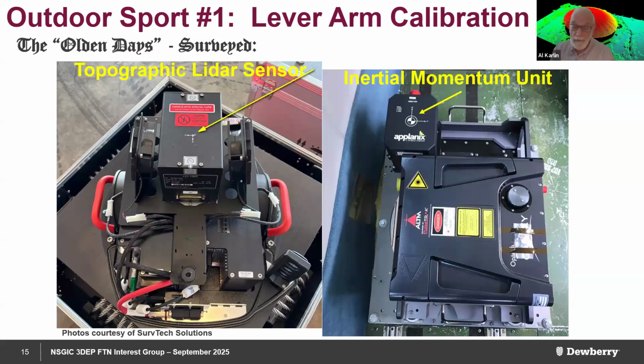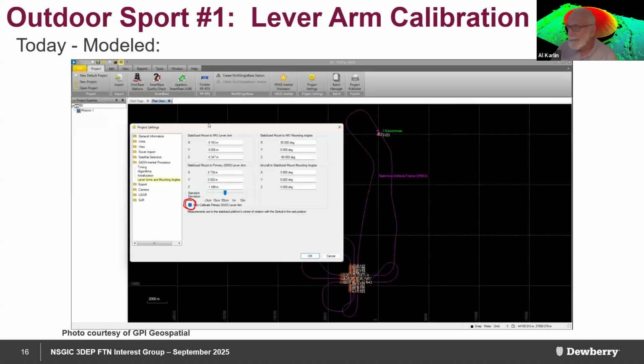So what one would do, and sometimes you do it as an indoor sport in the hangar, or sometimes out on the tarmac, is physically measure the offsets between the IMU, the sensor, and the phase center of the GPS. Well, that's again the olden days.